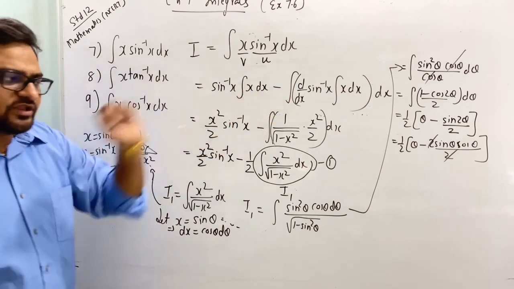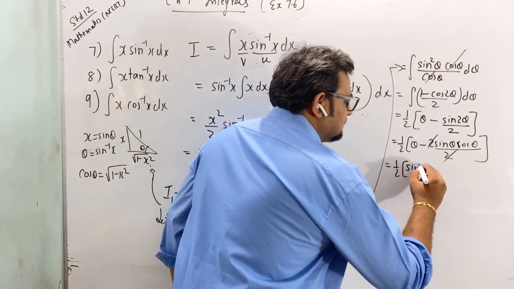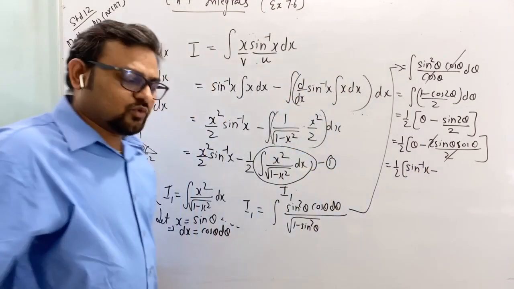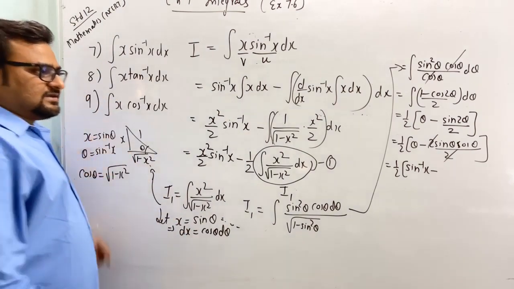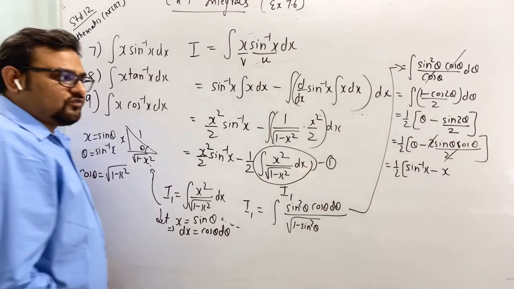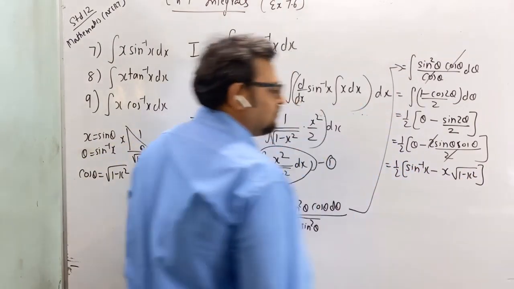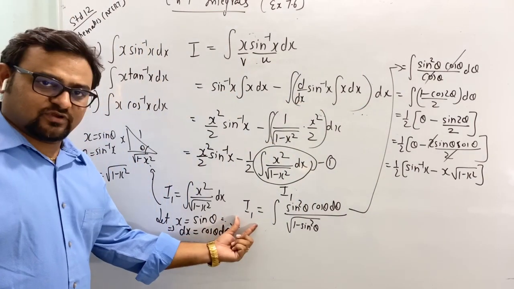Okay, so now I am putting the value of theta. 1 by 2, theta is sine inverse x. What is sine theta? x. What is cos theta? Root of 1 minus x square. Okay, so this was I1.